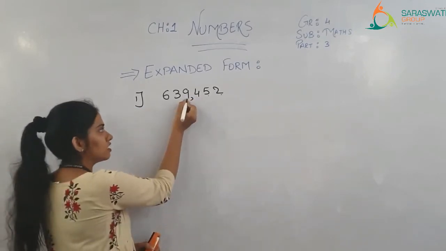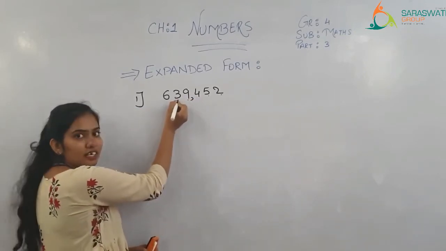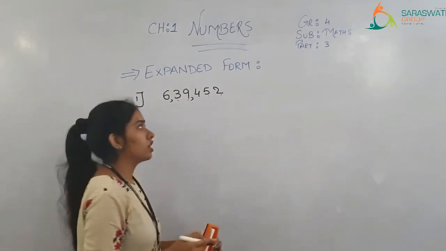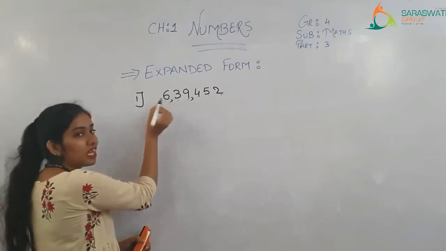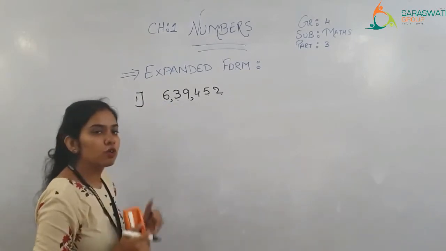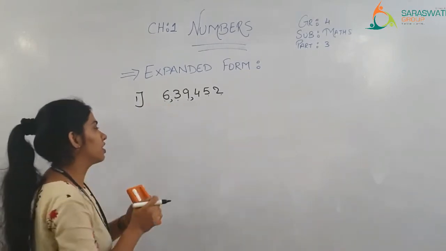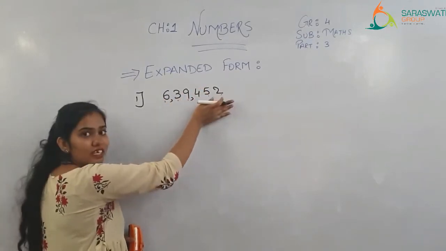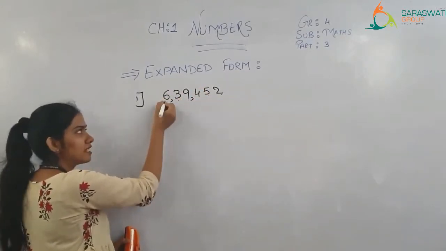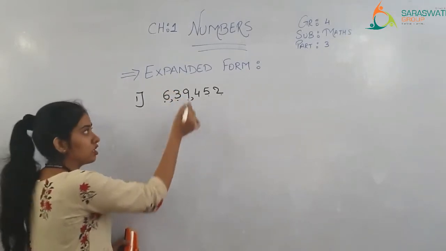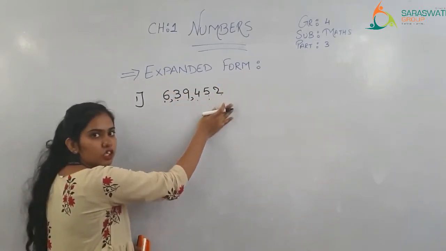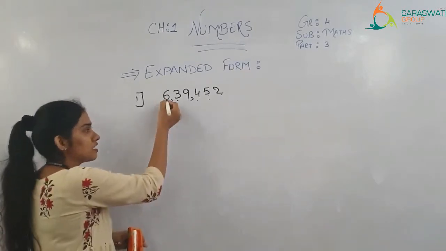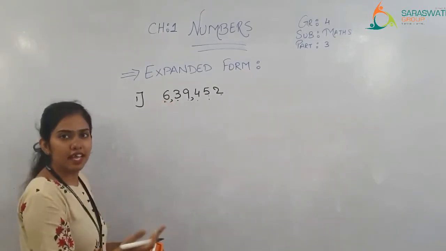Then you consider thousands and 10,000s. After that you put a comma. So after 10,000 it will be lakhs. So you can easily read the number: this is the lakh part, thousands part, hundreds and units. So 6,39,452. By reading this you will get the idea that 6 comes at the place of lakhs.